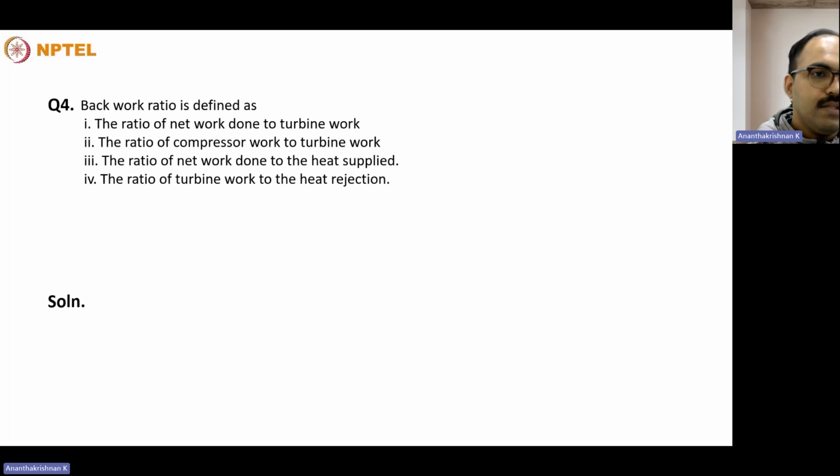So it's just a straightforward definition. Back work ratio is the ratio of the compressor work to the turbine work. Compressor work is a negative work, turbine work is the positive work. So the ratio of the negative work to the positive work is known as the back work ratio.